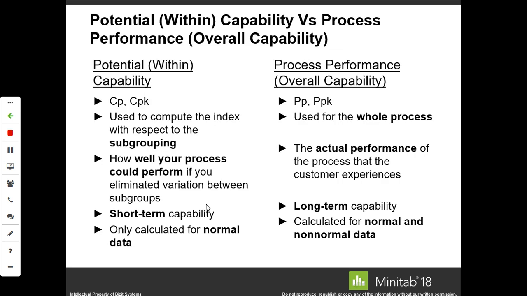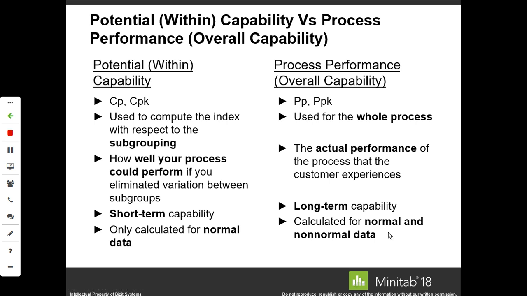Okay, so this one is Cp versus Pp. Cp is more for short-term capability, and Pp is long-term capability. Cp is only calculated for normal data, and Pp is for normal and non-normal data.